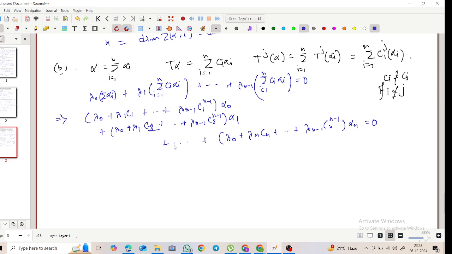Now the alpha i are linearly independent, right? So all of these are 0, so you get lambda 0 plus lambda 1 ci plus up to lambda n minus 1 ci to the power n minus 1 is 0 for 1 less than or equal to i less than or equal to n, right?